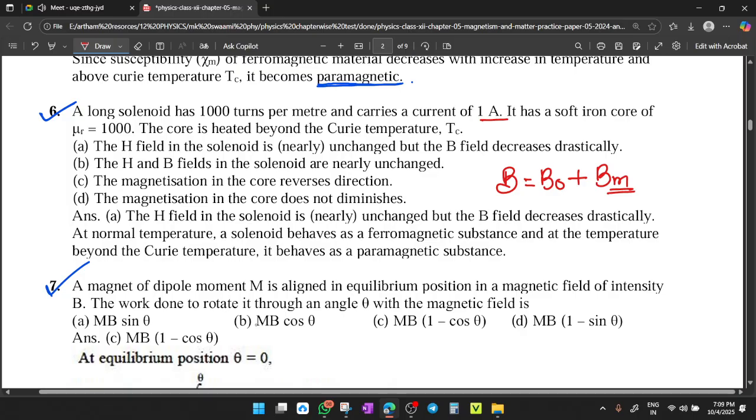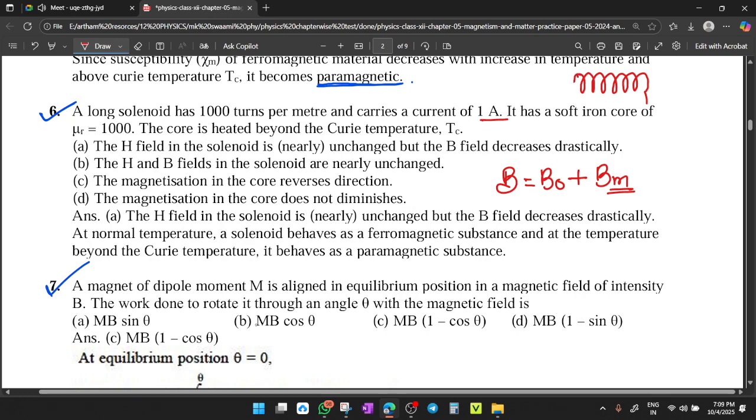At normal temperature, the core behaves as a ferromagnetic substance, but at high temperature, beyond the Curie temperature, it behaves like a paramagnetic substance. So what happens here? In a solenoid, a current of 1 ampere is going. See here, two types of field.